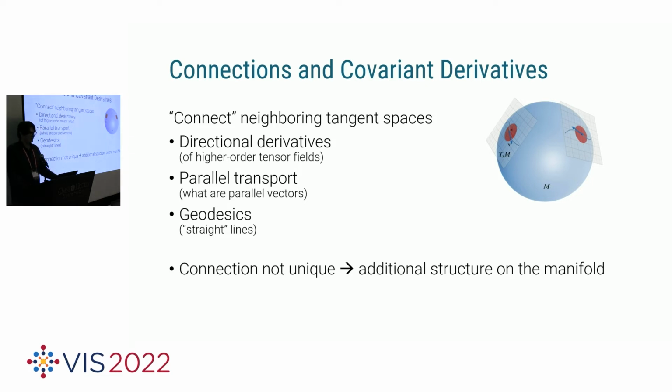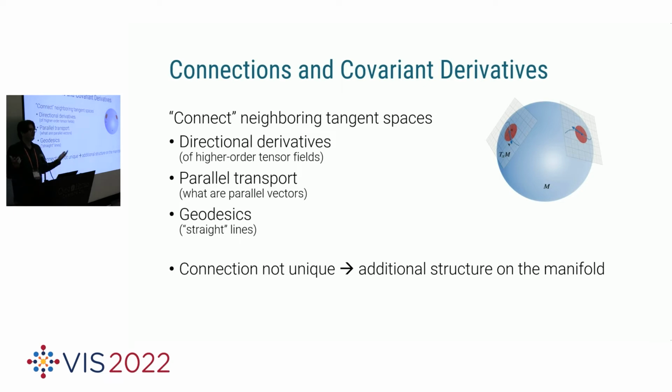Like, it also answers the question of which vectors in two different tangent spaces are parallel. The notion of parallel is very intuitive to us because we typically think in Euclidean spaces, and then it's very obvious what we mean by parallel. But if we think of vectors on the sphere, for example, it's not obvious at all what we mean by parallel. I mean, they are two vectors in different tangent spaces.